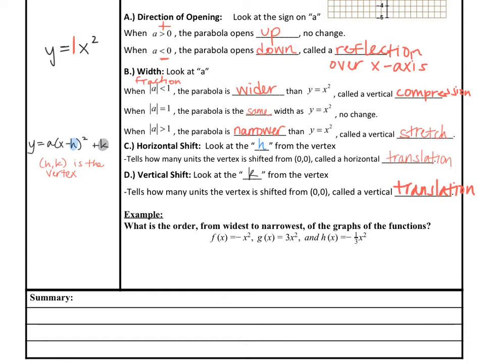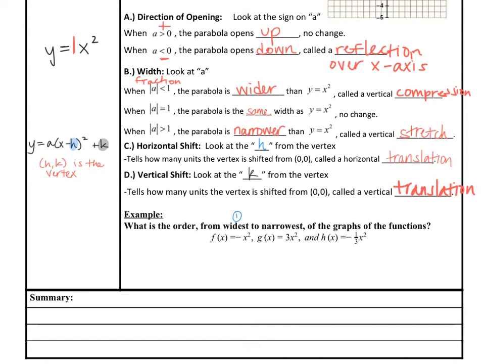Okay, you have one like this on your assignment today. I want you to do this from widest to narrowest, so widest being first, narrowest being last. All right, remember, if you look back up here, when you have a fraction, the parabola gets wider.